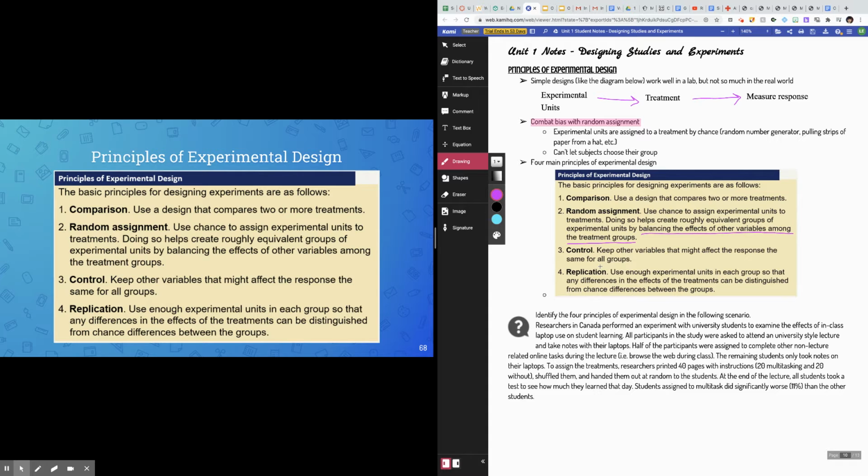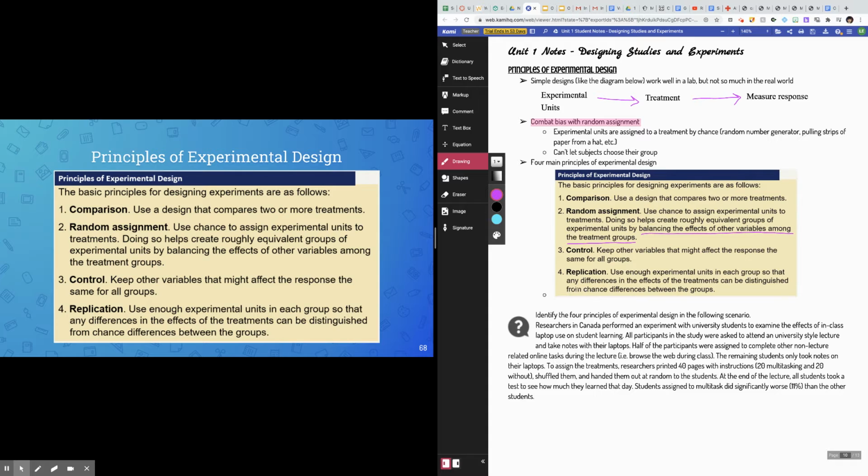So I need more data, more subjects, more experimental units, so that I can really make a definitive statement that if I see a change or a difference between the 2, 3, 4, however many treatments you have, that change is due to those treatments and not to some other variable.